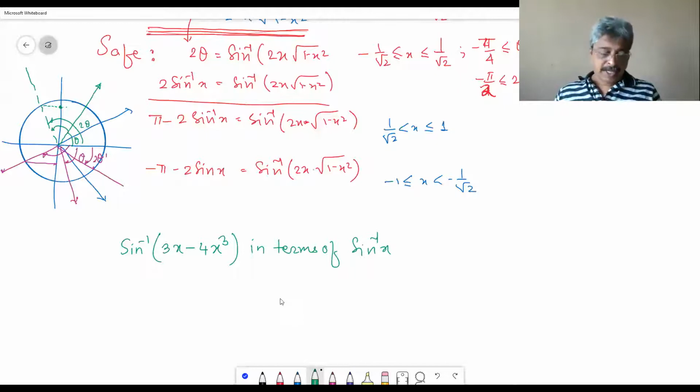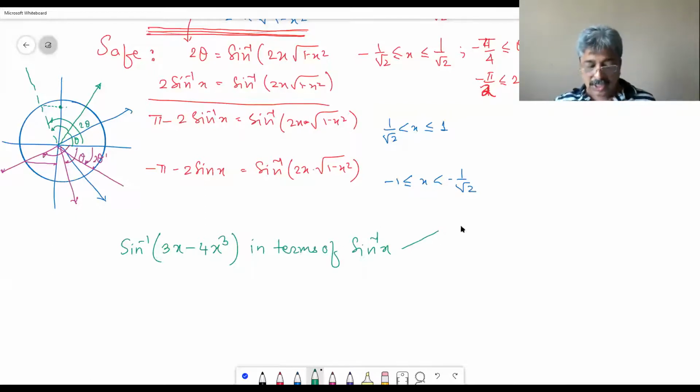In this case, let me write down only the answer. In case you don't get it, you can tell me, I will write the solution later on. But you have to take down this answer and check whether you can bring it or not.